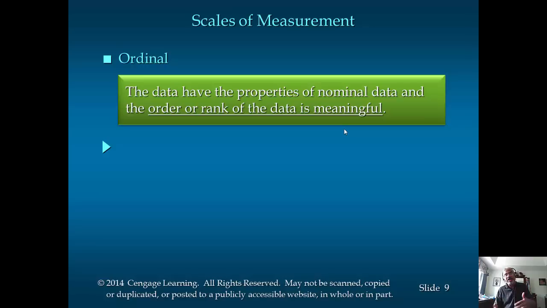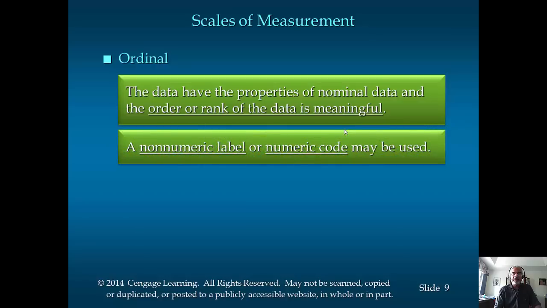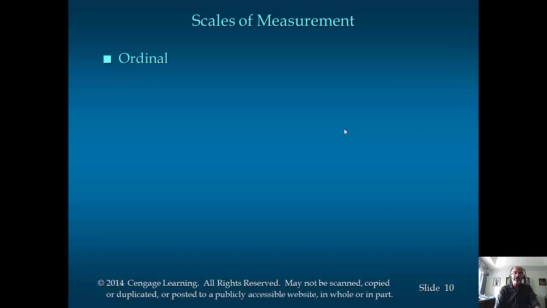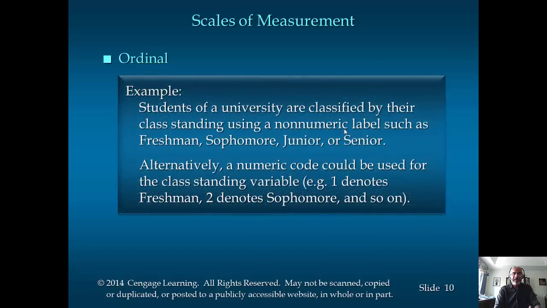That's what makes this categorical scale ordinal and not nominal. If there is ranking among the values, then it becomes ordinal and can still have a non-numerical label, or it can have a numeric code which may still refer only to those categories, and the number itself doesn't have any numerical significance.